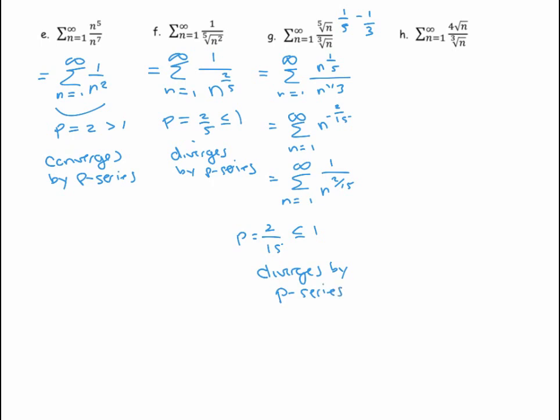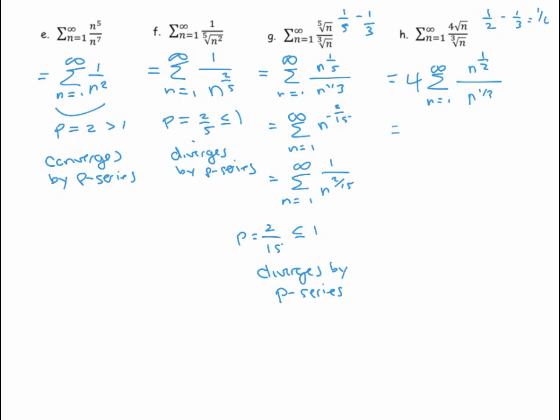Okay, and then in this last example, of course, we can factor out that 4. It's not critical to the behavior. I can write the square root of n as n to the 1/2, and the cube root of n is n to the 1/3. Now, a half minus a third ends up giving you 1/6.